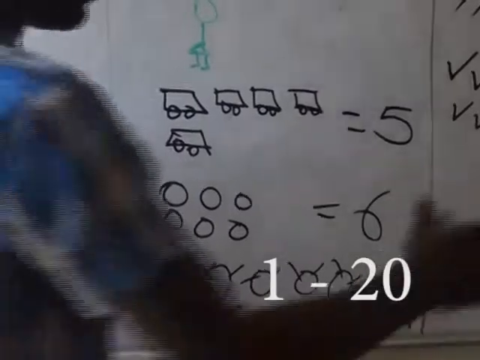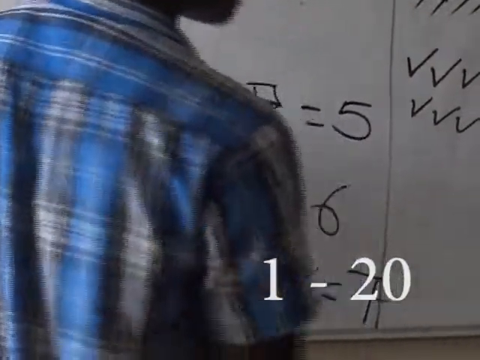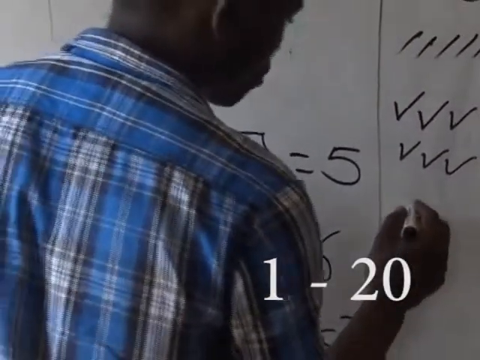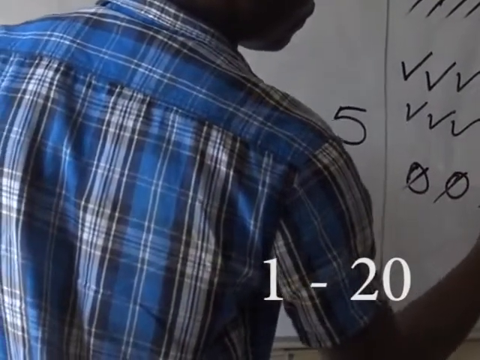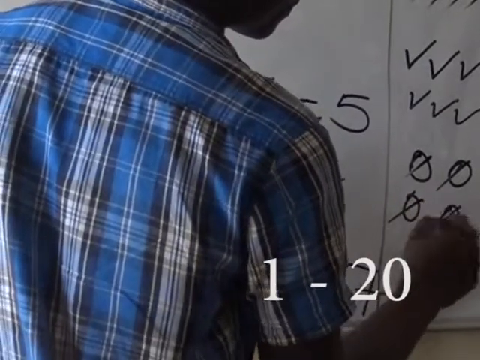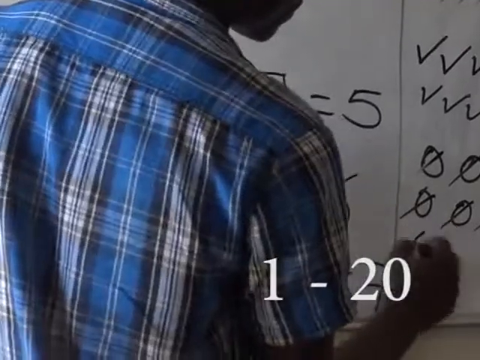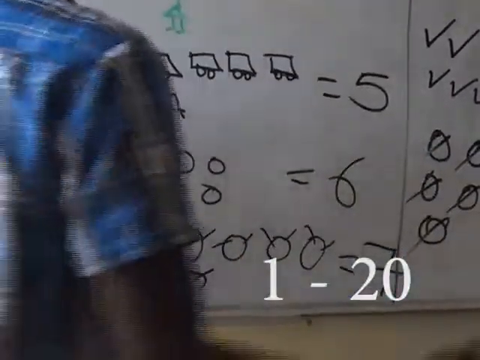We are going to continue from 10 up to 20, meaning that we are going to have 11. This is 11.